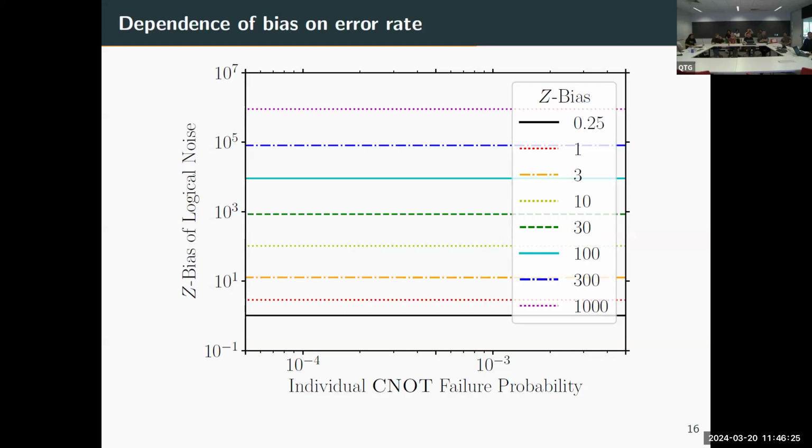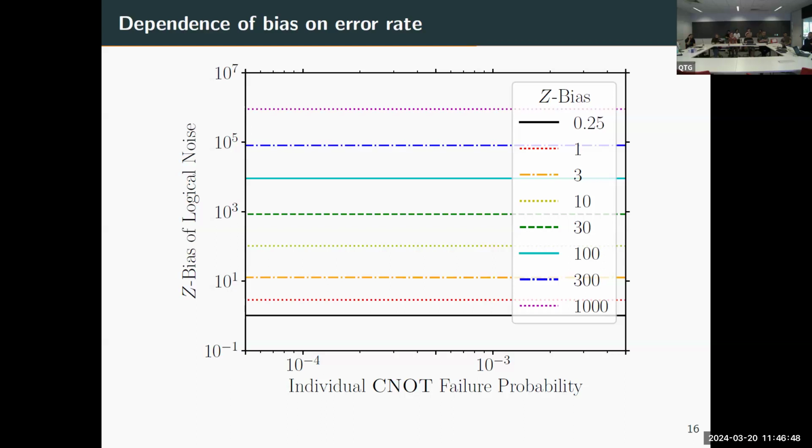But if you look at what's going on at the logical bias level, taking your logical tomography, you've got some logical process at the end. You can look at the failure rates of each Pauli term and then derive some kind of logical bias.